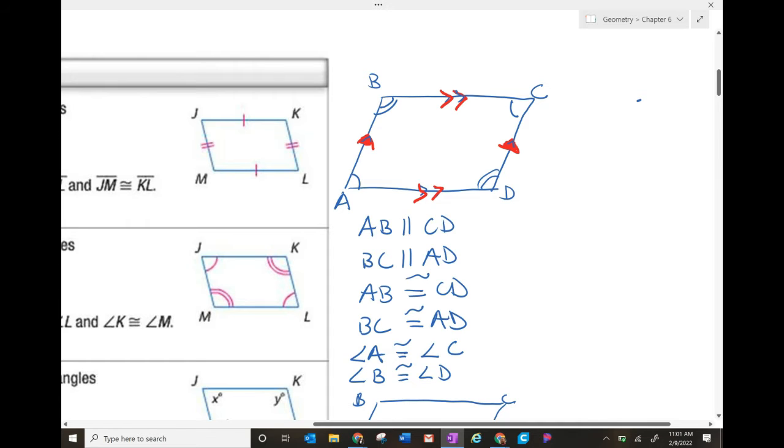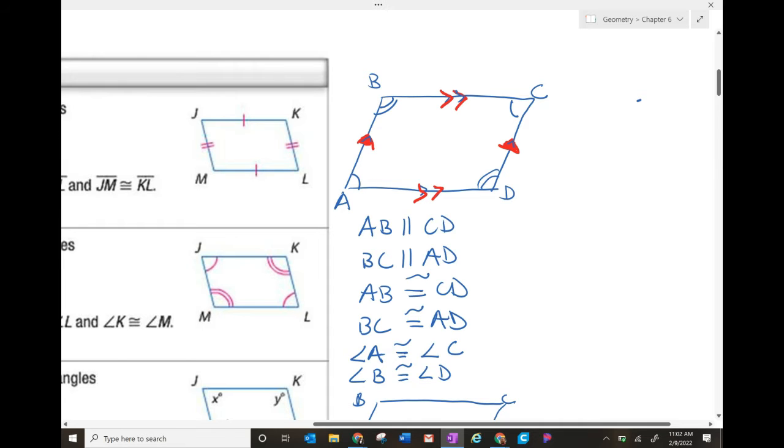Line BC up top and AD are going to be parallel to each other. So that's why I put those two little caret-looking things. And then again, follow those same rules of opposites. Angles A and C are opposite of each other, so they're going to be the exact same. And then angles B and D are opposite of each other, so they'll be the exact same as well.